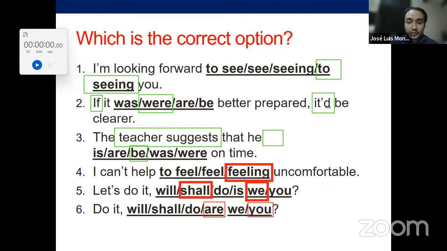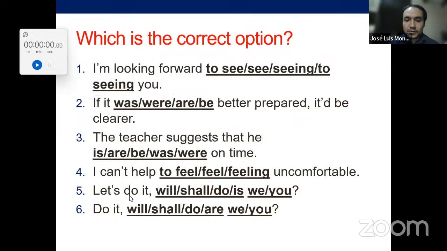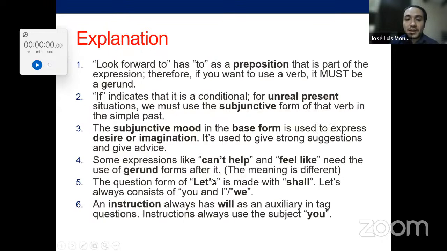Now, in the next ones, we are good just with the last one, okay, because the next two are good. This one also 50-50 because this is good, but here, let's take a look at the correct one. But to get there, please let's read 4, 5, and 6. Okay. Some expressions like can help and feel like need the use of gerund forms.